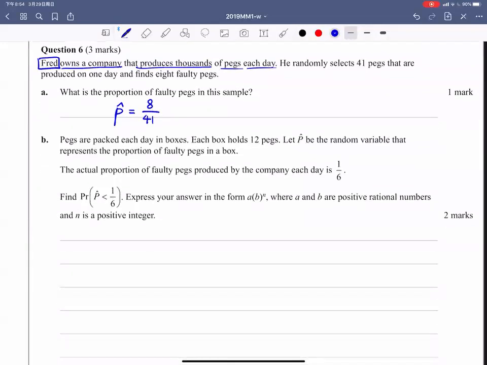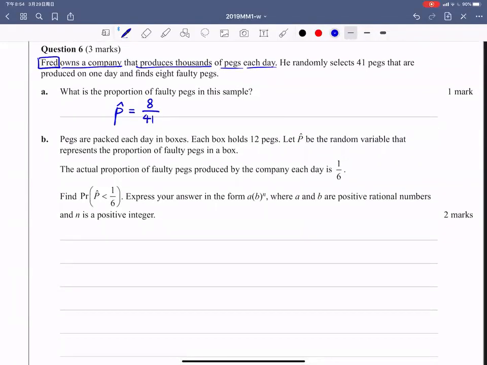All right, packs are packed each day in boxes. Each box holds 12 packs. Let P hat, big P hat, be the random variable that represents the proportion of faulty packs in the box. So my total number of packs is 12 in one box.